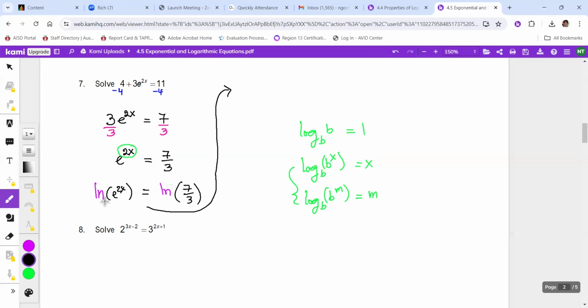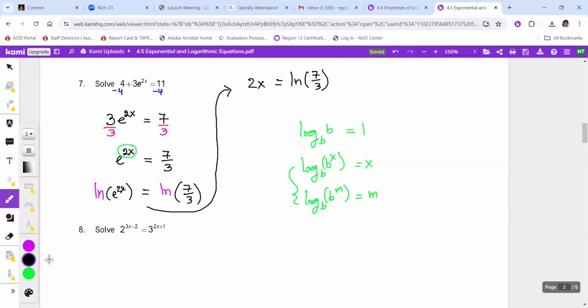So natural log of e to the power of 2x, using the property that we have here, log base b of b to the x gives us x, or log base b of b to the m gives us m. So this gives us just 2x equals natural log of 7/3.